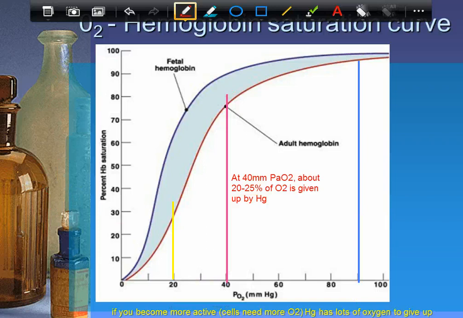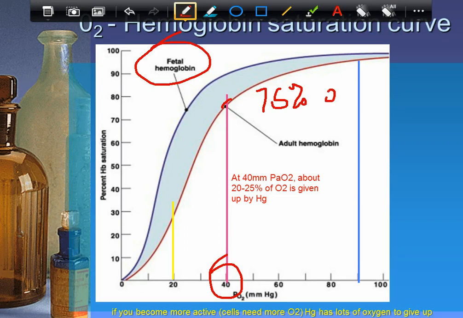Now, before we leave it, look at the blue line and notice that this is the binding affinity of fetal hemoglobin that you make as a fetus. So, let's say you're doing some mild walking around, and your PO2 is 40. Remember that this was about 75% oxyhemoglobin.